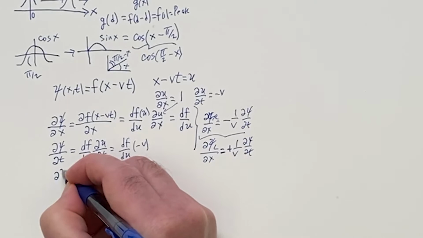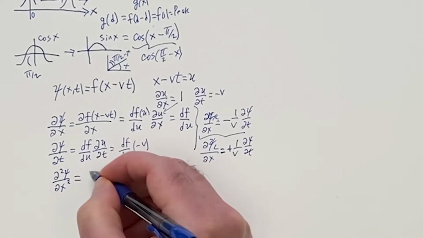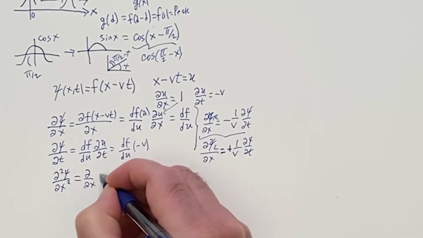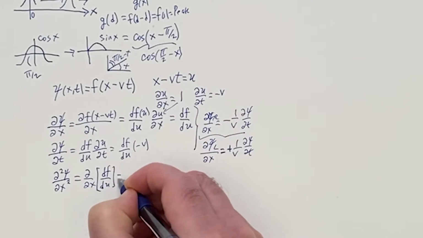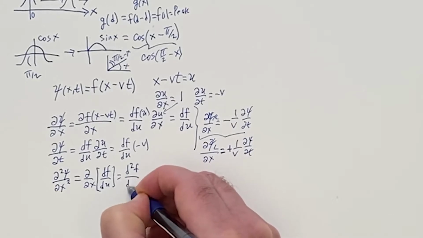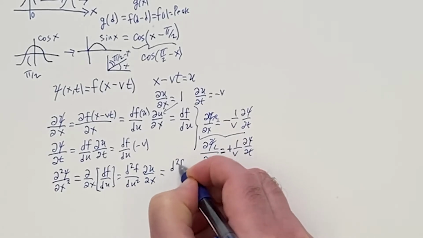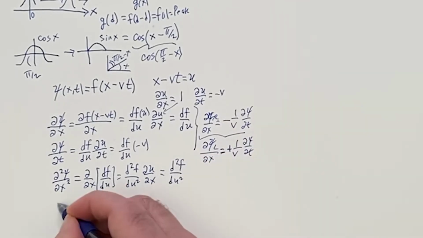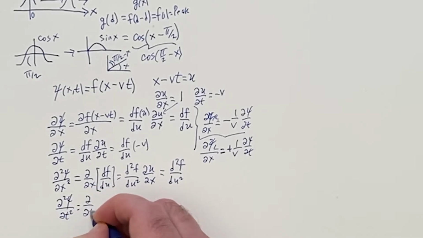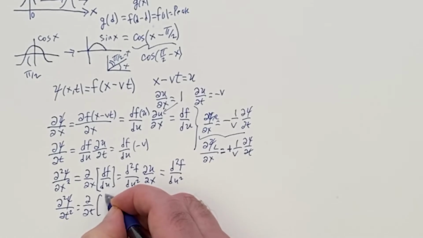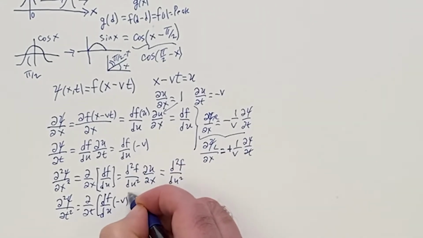So if we did, for example, the second derivative with respect to x, then we had here df du, so we're just going to basically do this. So this will be the second derivative of f with respect to u, and the partial of u with respect to x, which is a 1. So this is the second derivative of f with respect to u. And then if we did the same thing with the time, we would want the partial, and here this is going to be df du with the minus v in there.